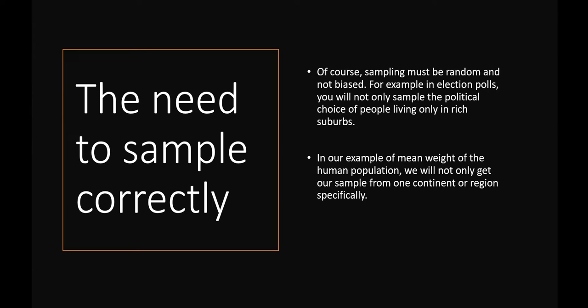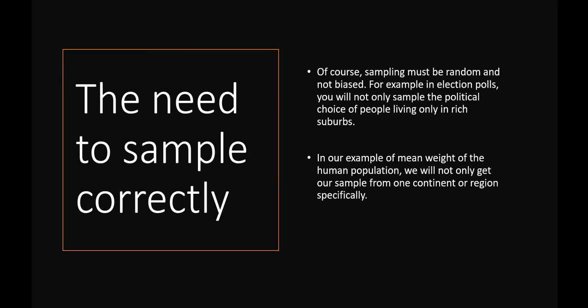Okay, so we need, of course, to sample correctly, provided that we have a number of observations in our sample. We need the sample to be random and not biased as much as possible. In the newspapers, you may read statistical studies, and the results, the means, the medians, etc. that they give are true, but the way they have sampled their population might not be good.